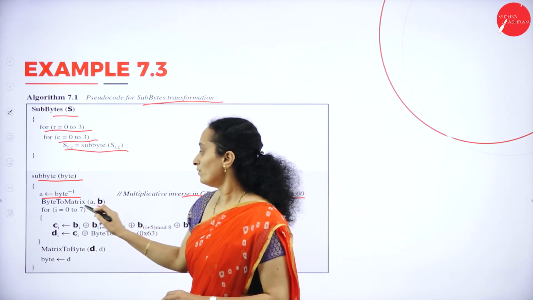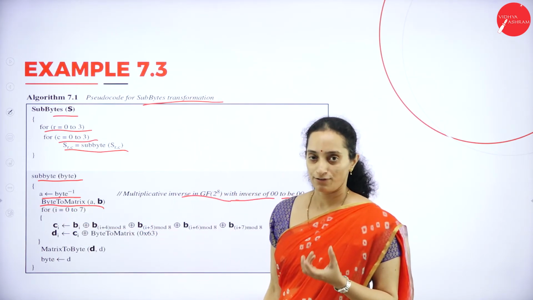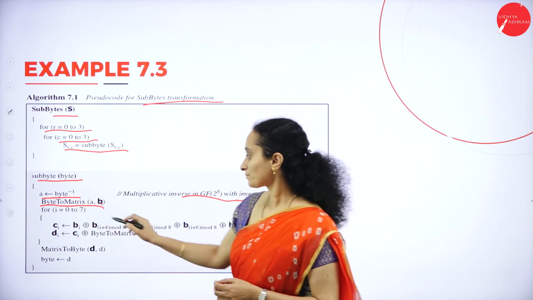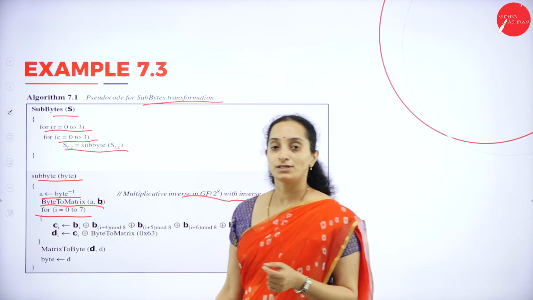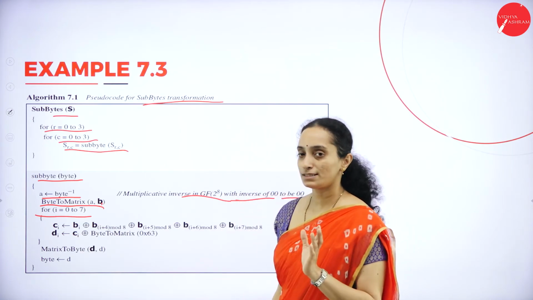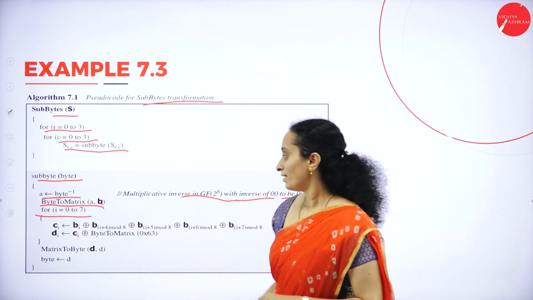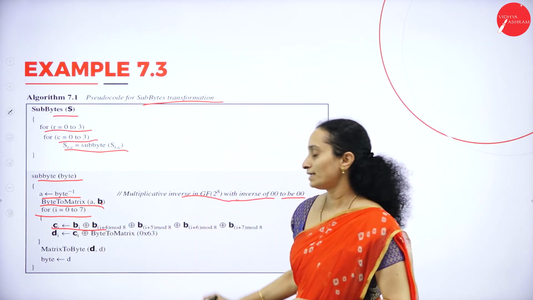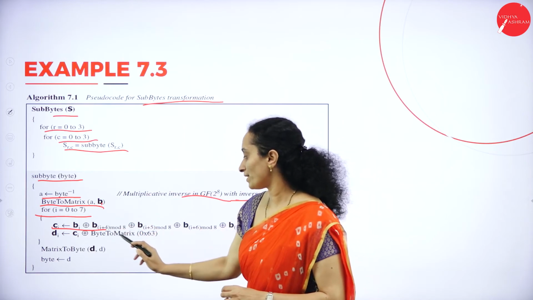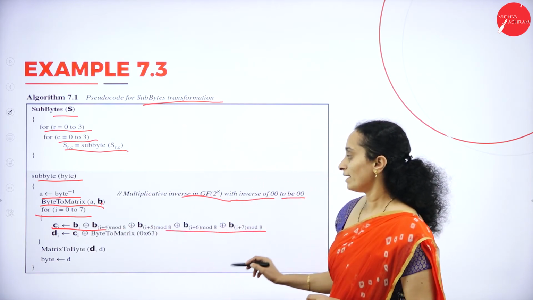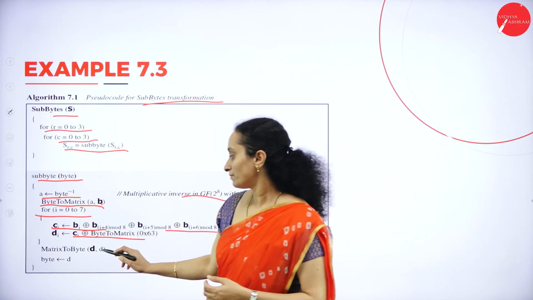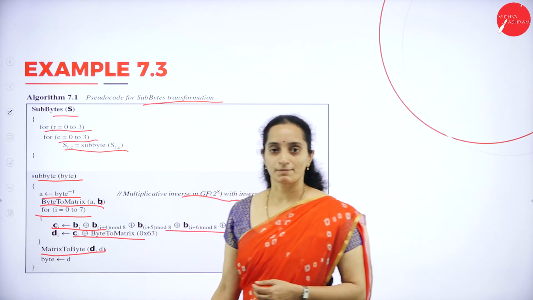So we have to take the matrix of byte representation b sub i for i from 0 to 7. Okay, 8 bits, 0 to 7. So each bit is applied with an XOR operation to get the transformation from one representation to another representation.